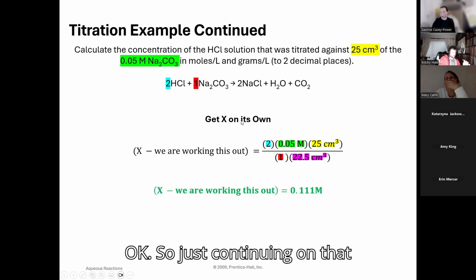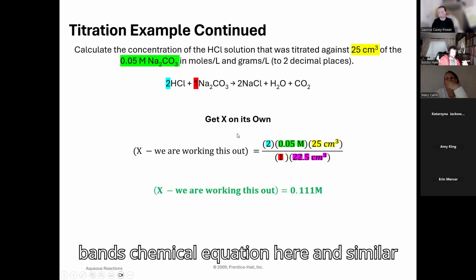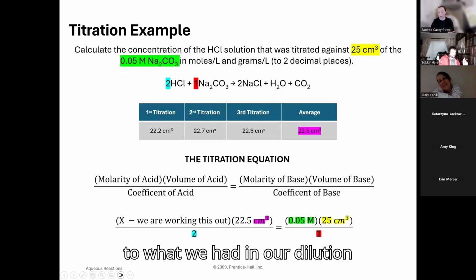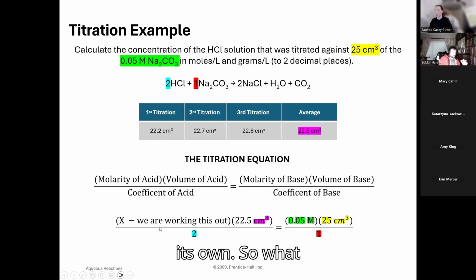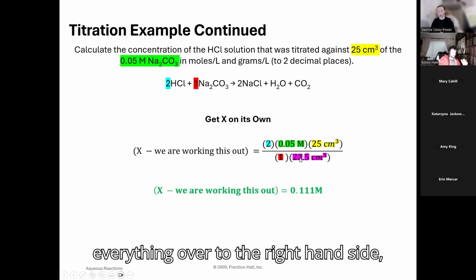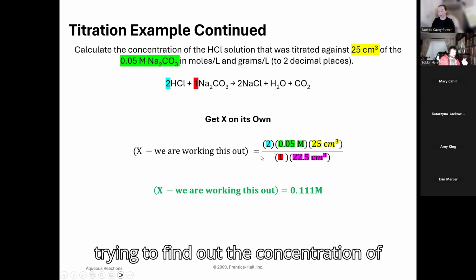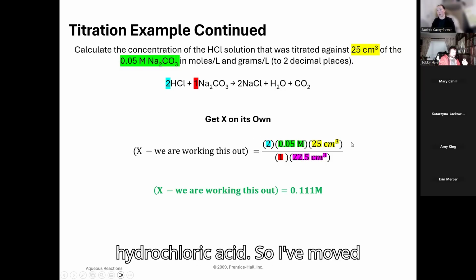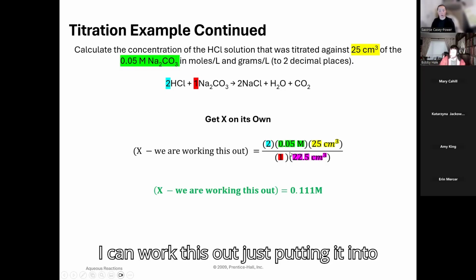Okay, so just continuing on that concentration then, we have our balanced chemical equation here, and similar to what we had in our dilution calculation, we're trying to get X on its own. So what we have here is that we've just moved everything over to the right-hand side, okay, we're trying to get X on its own, we're trying to find out the concentration of hydrochloric acid. So I've moved everything over here, and I can work this out just putting it into a calculator, all right?